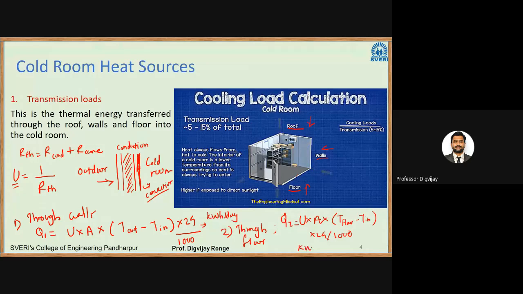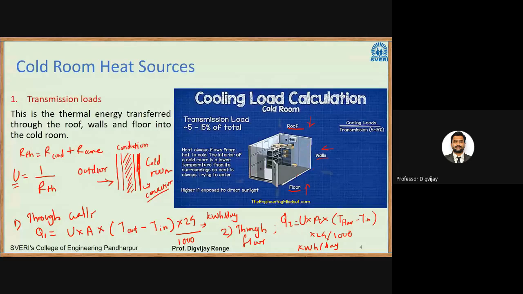So this will again be kilowatt hour per day. That unit is used while calculating the cooling load, that is kilowatt hour per day. So write down these two formulas. We will be using these in our upcoming calculations.